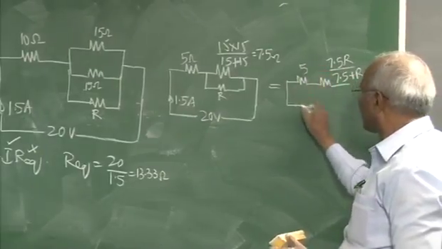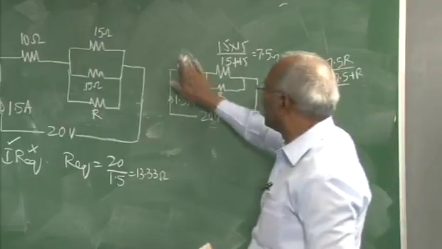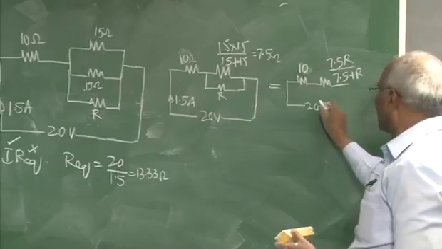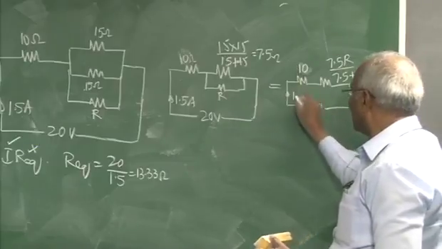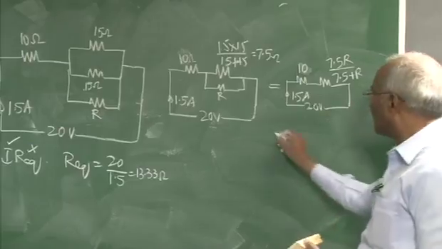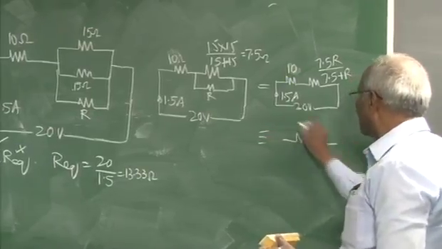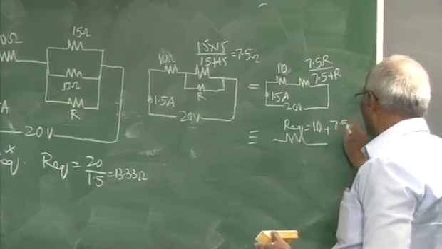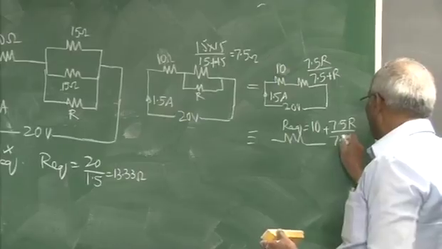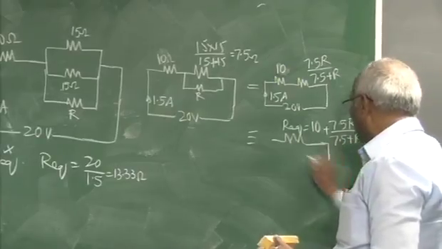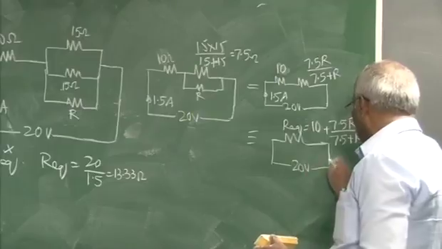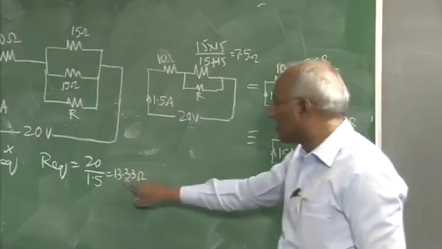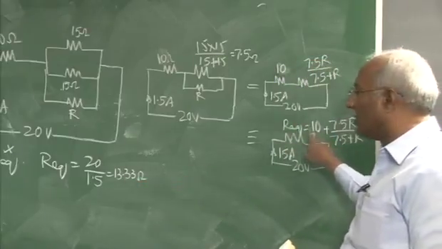This is not 5, this is 10, this will be 20 volts and this is 1.5 ampere. It can be further reduced to one equivalent resistance, R equivalent, which will be equal to 10 plus 7.5 R divided by 7.5 plus R. I know what R equivalent is, and I know the expression for R equivalent, so equate those two.